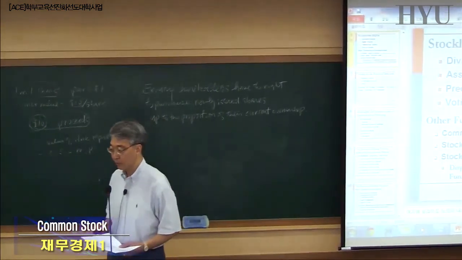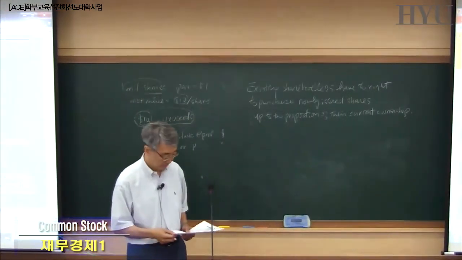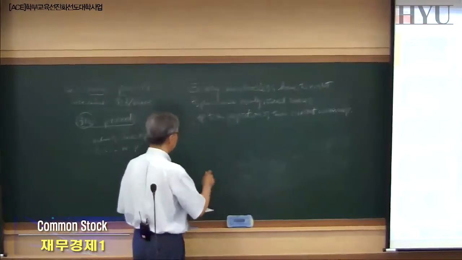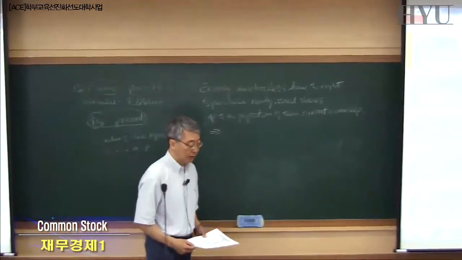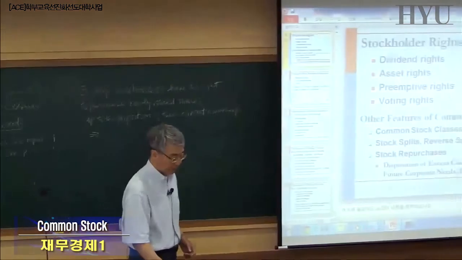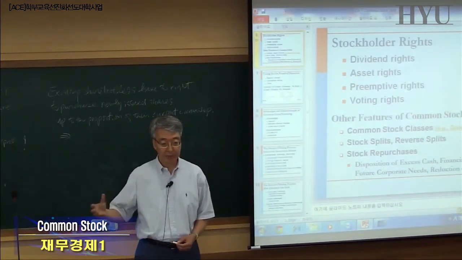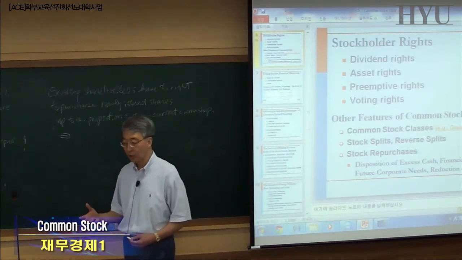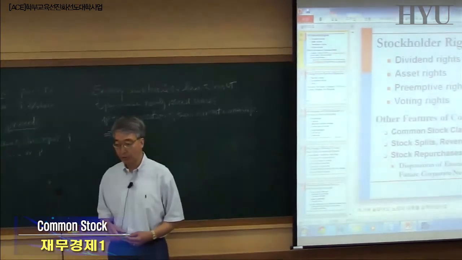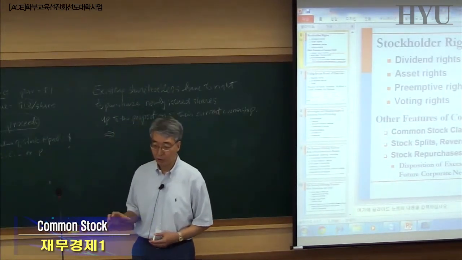You can refuse it, but at least you have to be offered first. Up to your current ownership: if you own 5% of the current shares, then whenever new shares are issued, you have the right to purchase up to 5% of the newly issued shares.